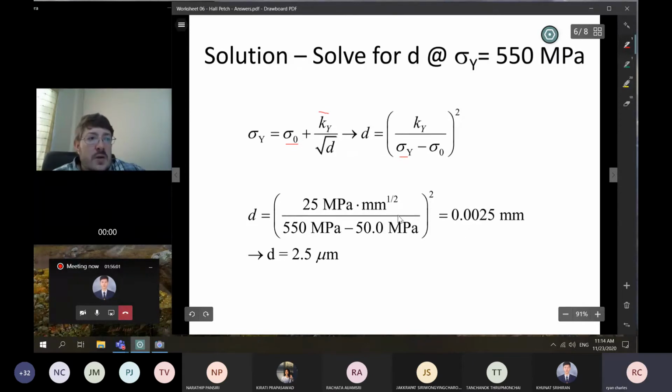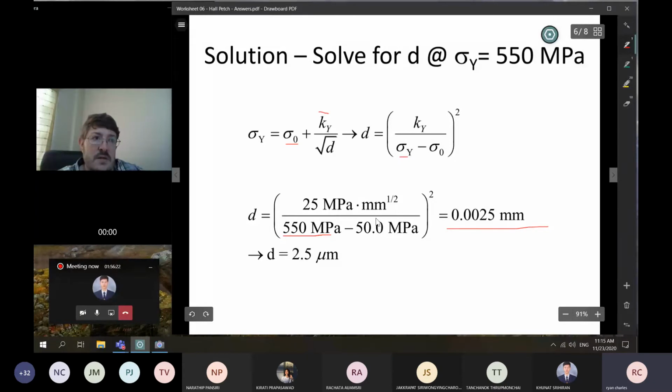Plug in the values. We want to know D at 550 MPa. In this case, we can leave this in MPa. We don't have to go 10 to the 6th or something like that. You don't have to do that. So we have 25 divided by 550 minus 50, equals 0.0025 millimeters.